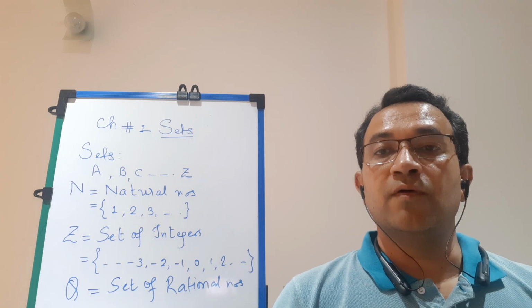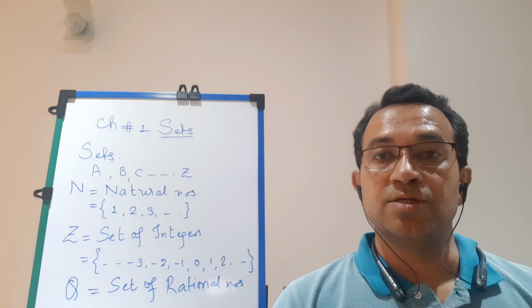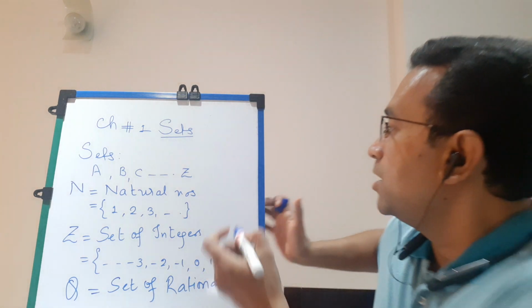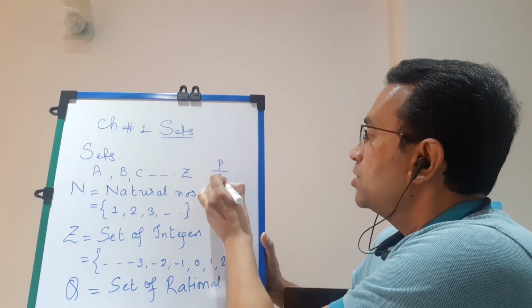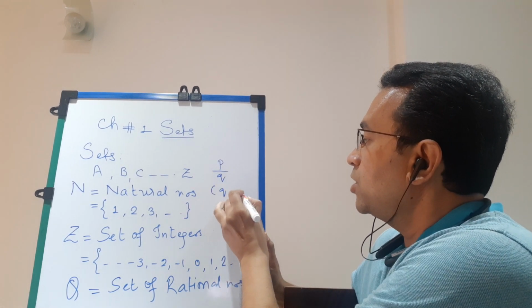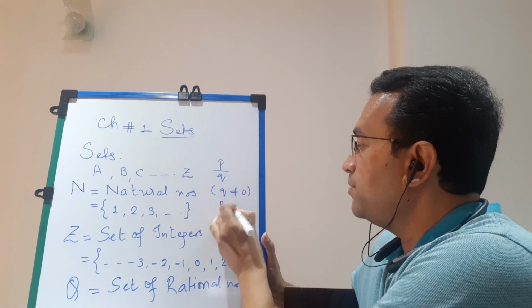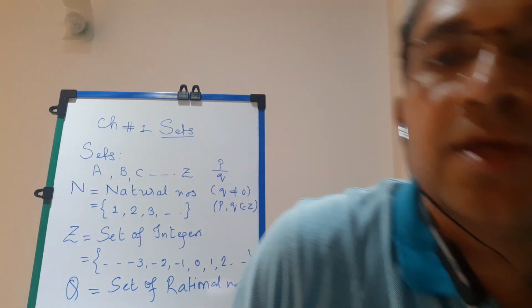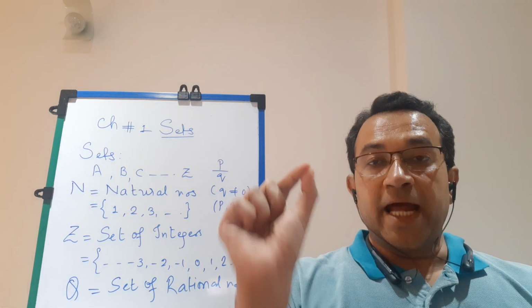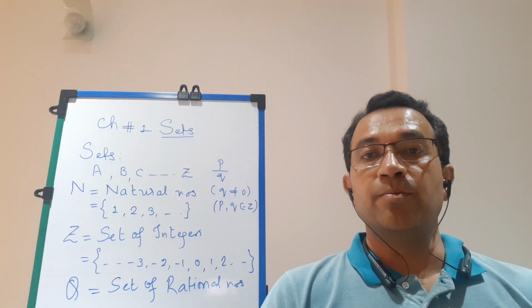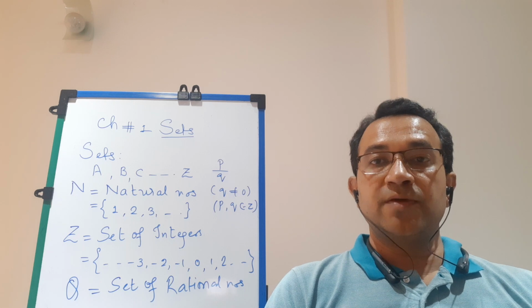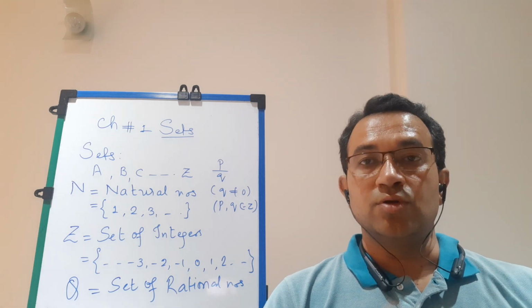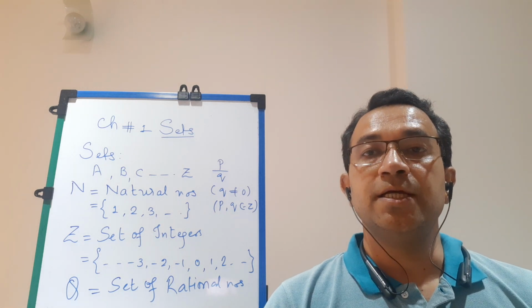All of you are aware that a rational number is written in the form p by q, where specifically q is not equal to 0 and p and q are integers. Students, remember this.